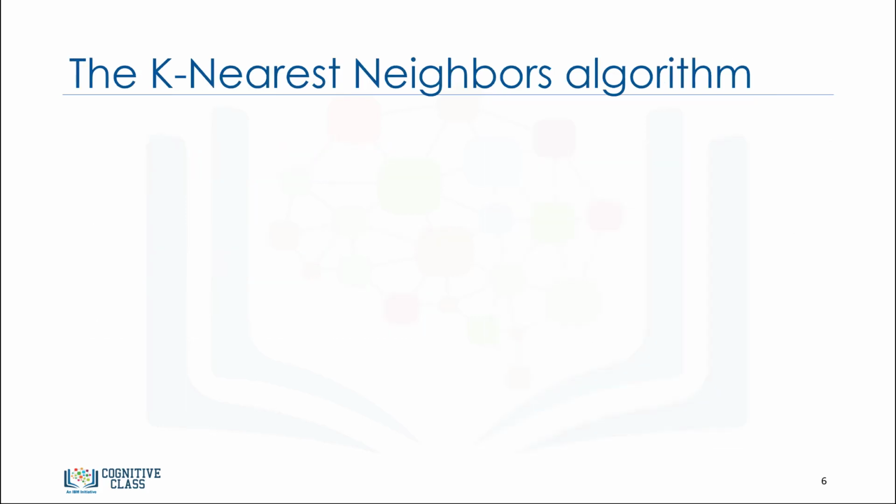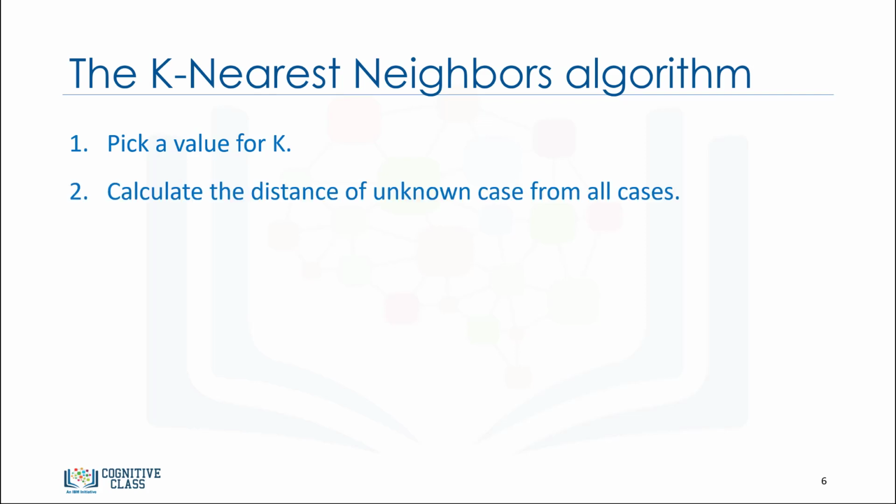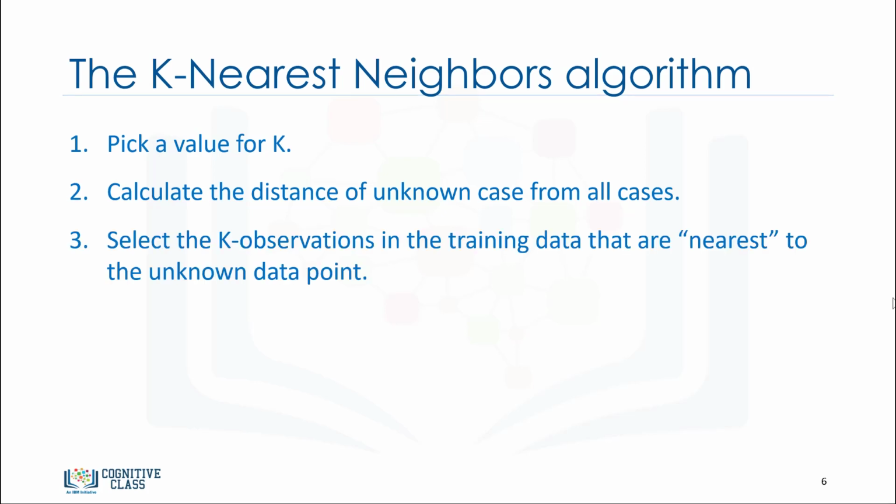In a classification problem, the k-nearest neighbors algorithm works as follows. 1. Pick a value for k. 2. Calculate the distance from the new case hold out from each of the cases in the dataset. 3. Search for the k observations in the training data that are nearest to the measurements of the unknown data point.